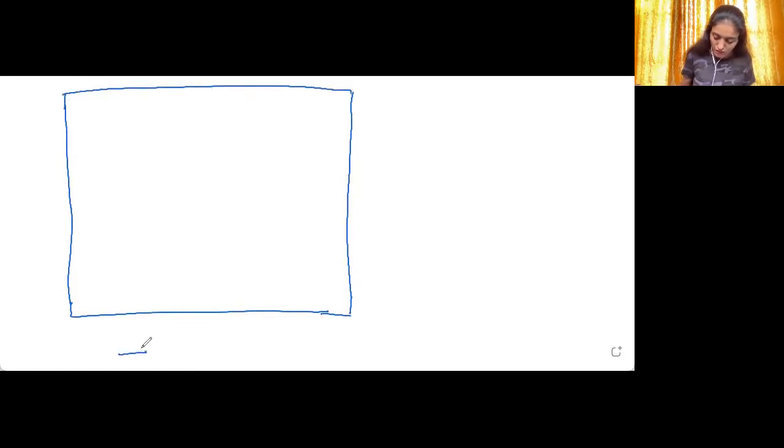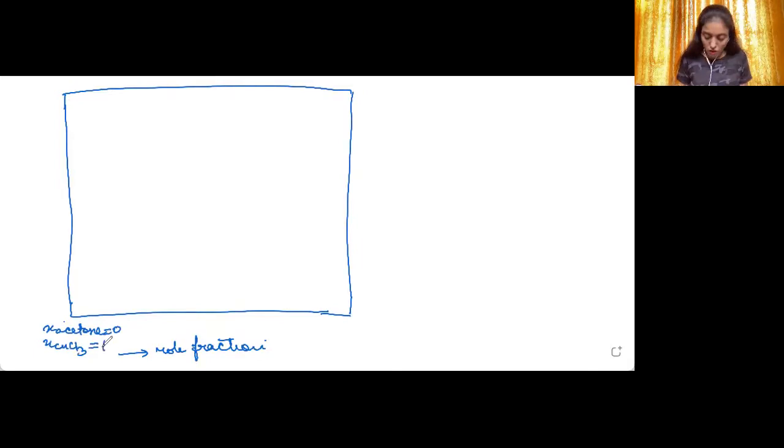Okay, on this side we are taking the mole fraction. So it is X acetone. Here it is 0. If I say the mole fraction of acetone here is 0, this means the mole fraction of chloroform will be equal to 1 here. Or we can take the reverse. Here I can take pure acetone, here I can take 0 mole fraction of chloroform.